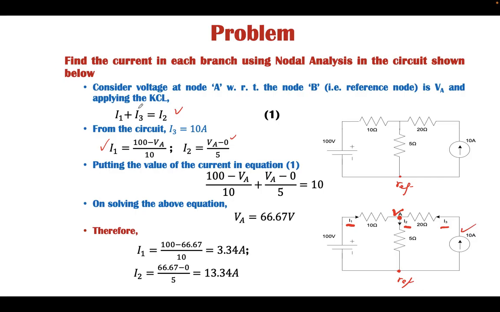In this equation I3 is known, and it is 10 ampere. Putting all these values in this equation, we can find the resultant value in terms of VA only. In this equation there is one equation and one variable. VA can be calculated. Knowing VA, we can calculate I1 and I2, and I3 is known to us, which is equal to 10.